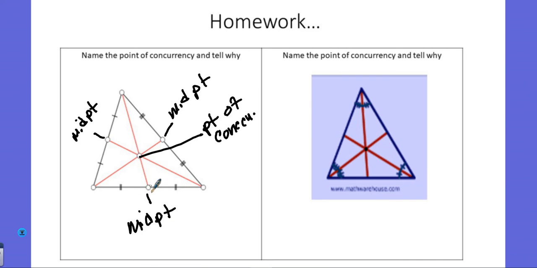So if all of these are midpoints, my next thing to look at is how this red line is connecting from the midpoint to the other side. And if you see, it's connecting from the midpoint to the vertex of the other side. And so these lines are called medians. That's a median. Since these are all medians, and they all do the same thing, this is called a centroid.